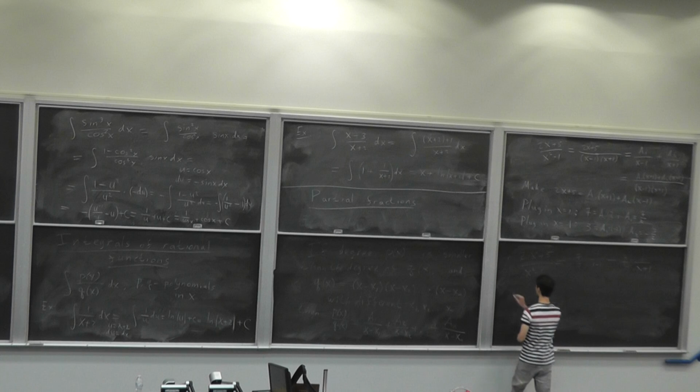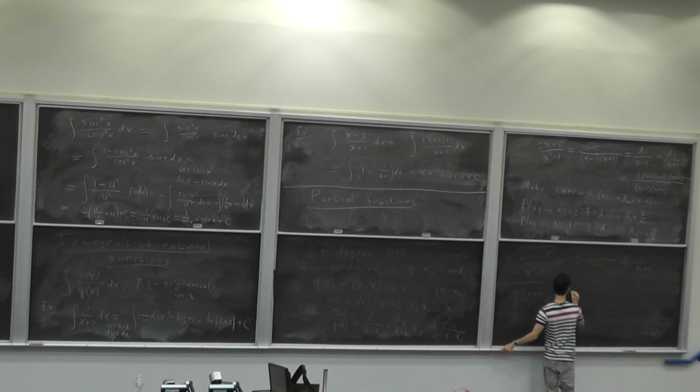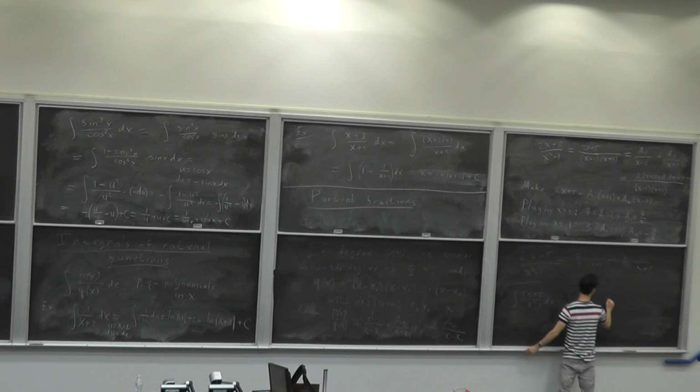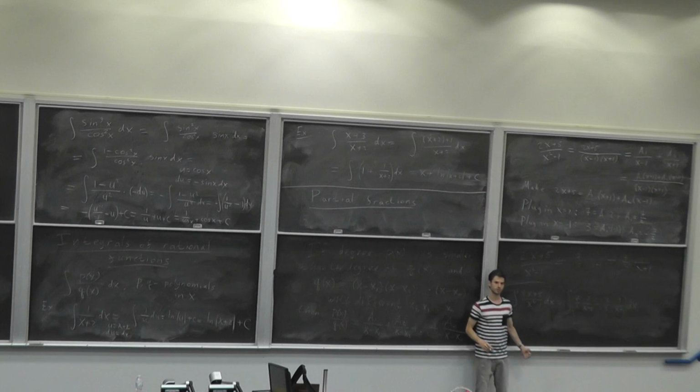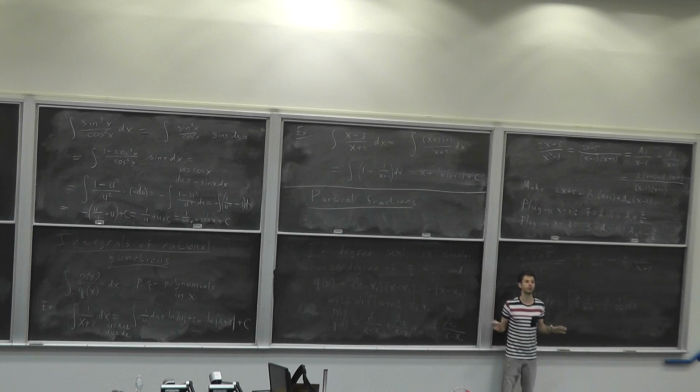So if I want to find the integral of x plus 5 over x squared minus 1, I would instead integrate this thing. I can go from here to here, it's just a matter of algebra.